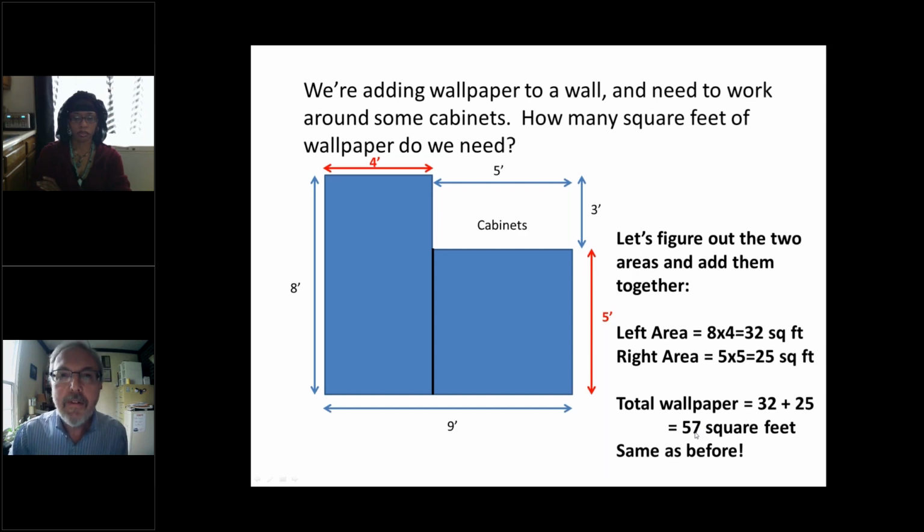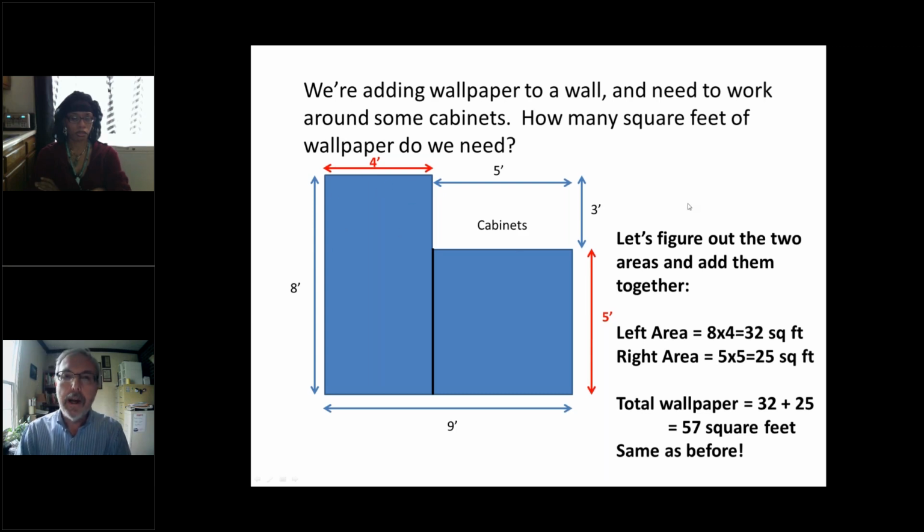So it's the same as before. No matter how you chose to do this, you would still get the same answer. We might have even tried to draw a line across there and figure out what that was, and add up 3 different rectangles, or make this line go all the way across there, take that line off, and we'd have the area of this big triangle and this big rectangle and this little rectangle.